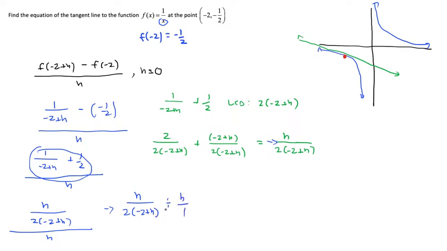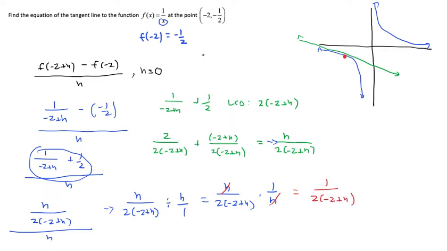But we never divide by fractions, we always multiply by the reciprocal. So we get h over 2 times -2 plus h, times 1 over h. Now look at what happens here: the h's cancel out. So we are just left with 1 over 2 times -2 plus h.